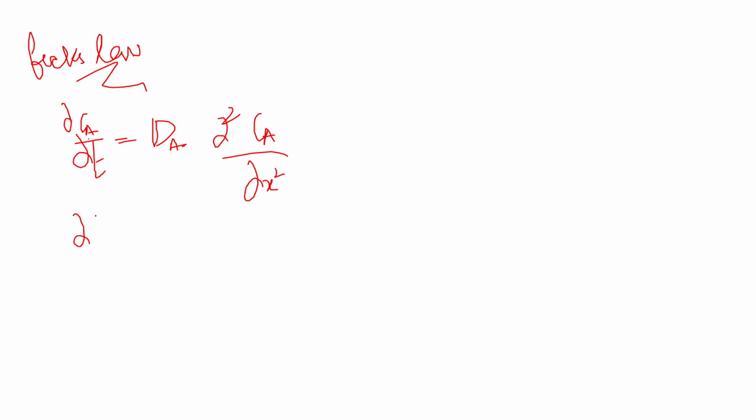Similarly, dou CB by dou t is equal to dou square CB by dou x square. Now we are first considering the steady state condition.